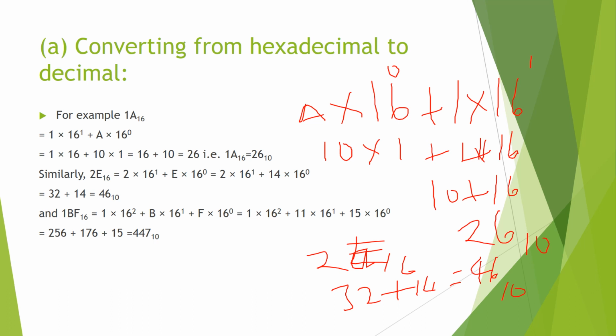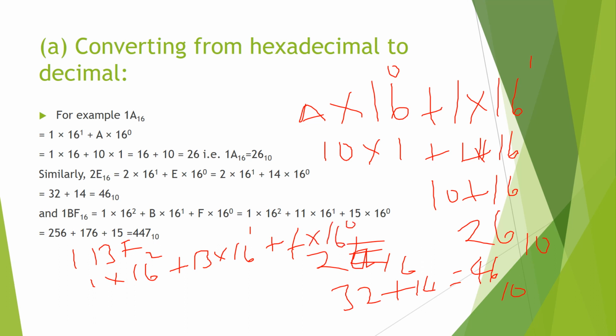The same case with 1BF. So we get 1 times 16 raised to power 2, then plus B times 16 raised to power 1, then added to F times 16 raised to power 0.